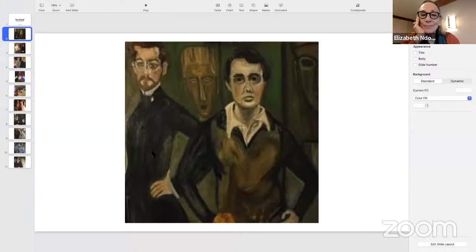Her paintings remind me very much of that period of art. There is a German expressionist painter named Kirchner. I'll put it in the chat box in a moment, whose work is very much like Ms. El Siofi's paintings.